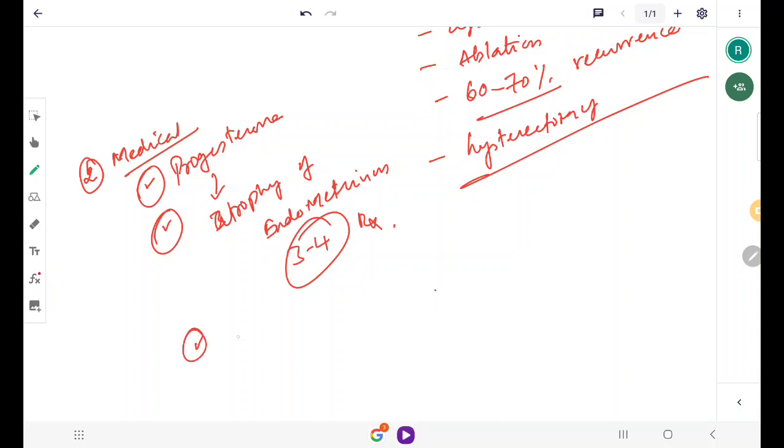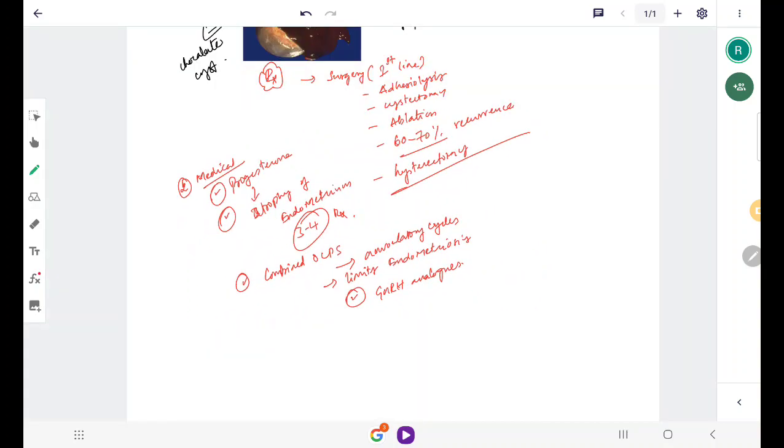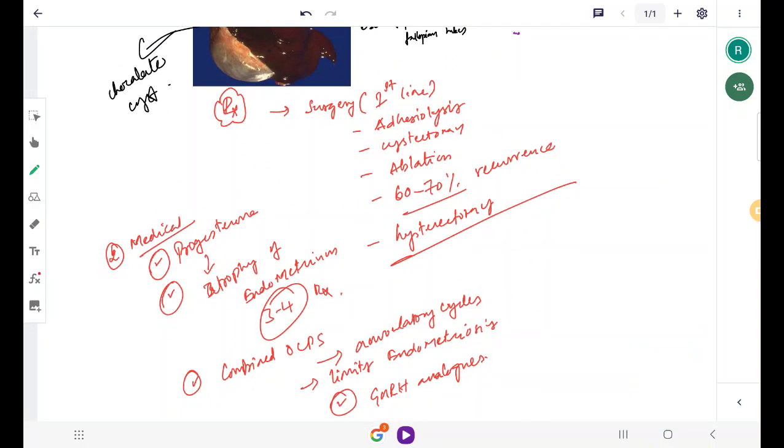And you can also give combined oral contraceptive pills for anovulatory cycles, and this limits endometriosis. And you can also give GnRH analogs. And the other factors could also be pregnancy. So when the female is pregnant, that limits endometriosis.